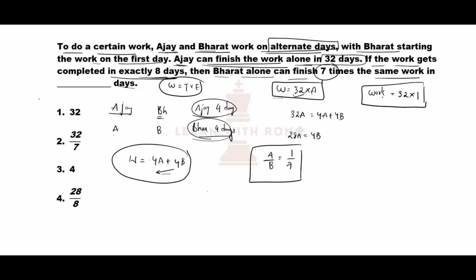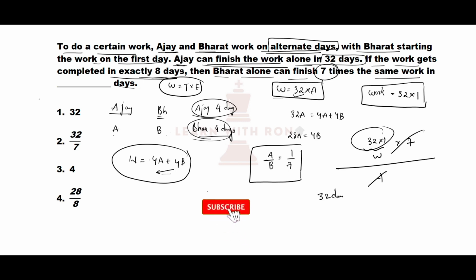Now 7 times the work done by Bharat alone. So 32 into, this is the work here, 7 times, by how much? Bharat's efficiency is 7. 7 gets cancelled, 32 into 1, 32 days, which is option number 1. Let's see our next question.